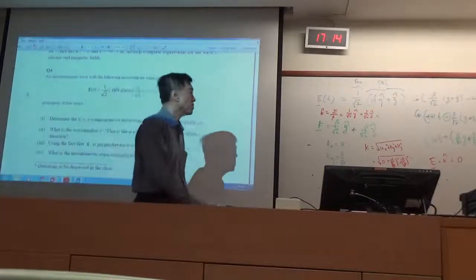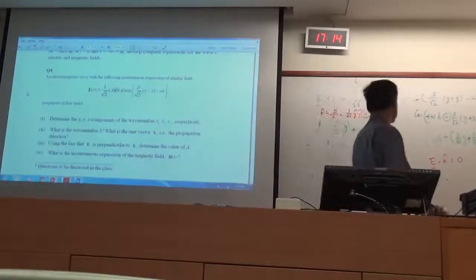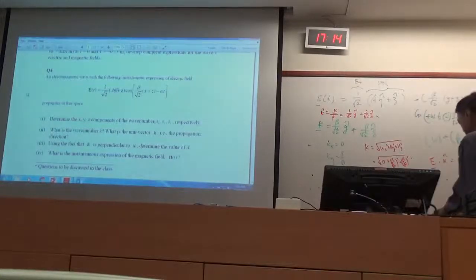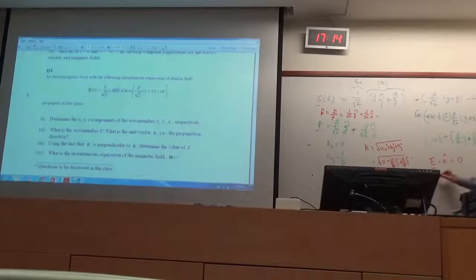So now, what are we going to do? I get 1 over square root 2 times (A y plus z plus a cosine something here) dot 1 over square root 2 y plus 1 over square root 2 z, which must be equal to 0.